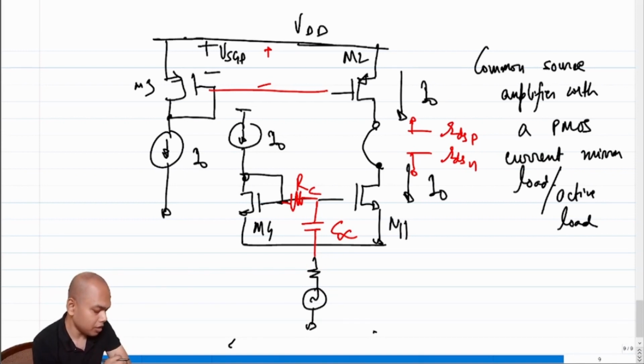Then sketch the incremental equivalent and find out the gain. Where will you take the output? Clearly, we will be taking the output at this node, because this is the drain terminal of M1 and M2. Yeah, so please do it, and I'll see you in the next class.